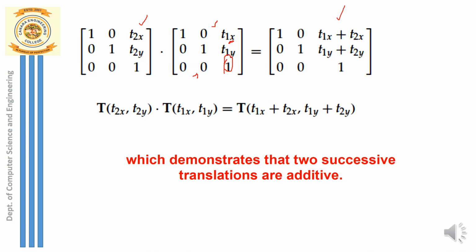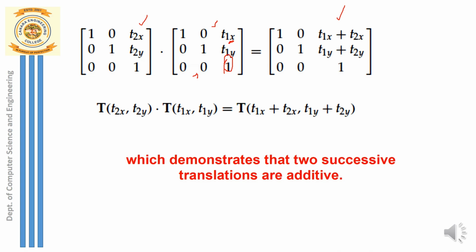T1x plus T2x. I hope you all know how to multiply the matrices, row and column. So you can see T2x plus T1x, next T2y plus T1y in the first row and second row, and the last row is as it is, 0, 0, 1.